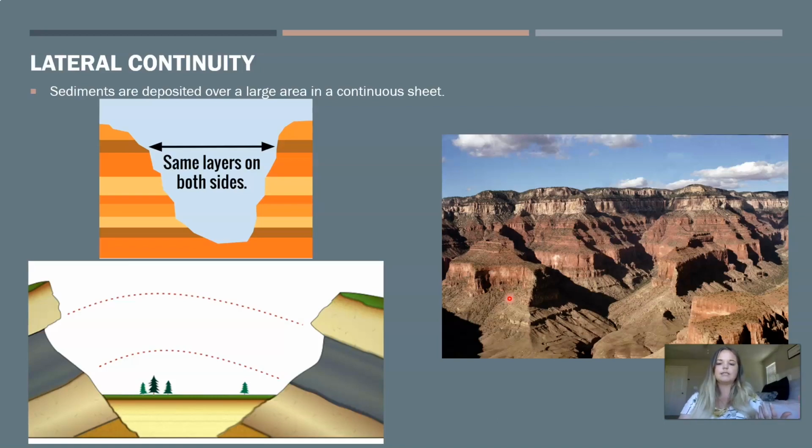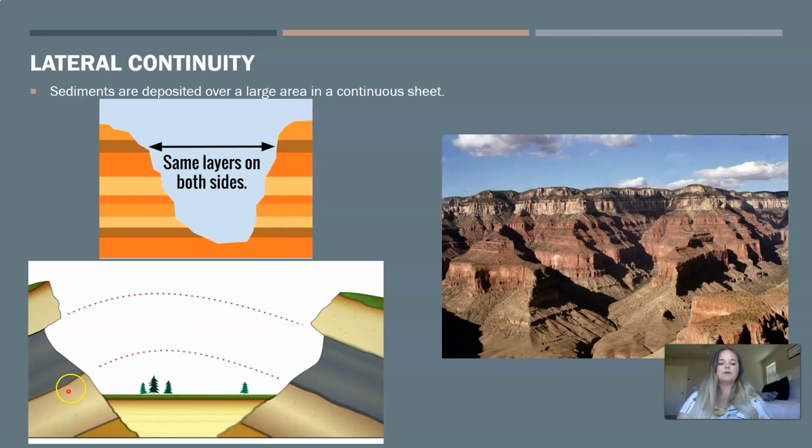So what we see in something like the Grand Canyon is that these rock units here on the right are very similar in age, color, and rock type to those on the left side of this little canyon here. And so you would surmise, based on the principle of lateral continuity, that these are probably the same rock unit.